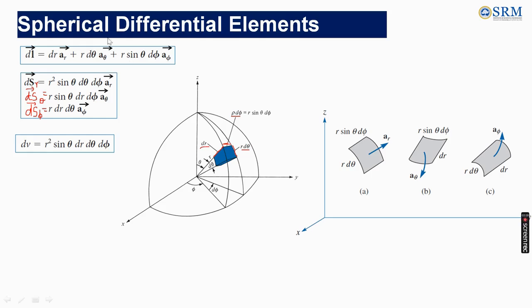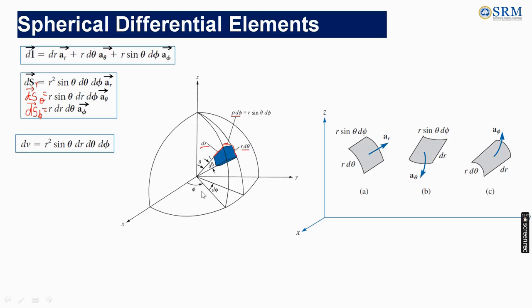So let us now understand the differential elements, starting with the differential length vector. We have already seen a point P with radius r. Now it is extended to dr, whereas theta is extended to d theta, but the arc length will be r d theta.